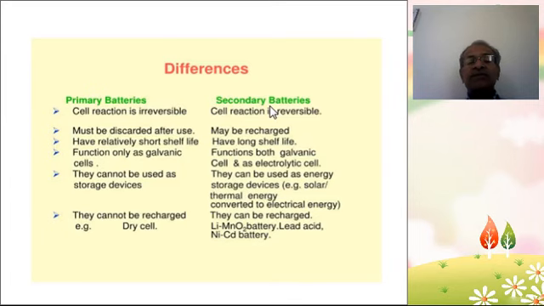Let us see the difference between the primary batteries and the secondary batteries. Already we have studied what exactly the primary battery is and the secondary batteries. In primary batteries the cell reaction is irreversible, whereas in secondary batteries the cell reaction is reversible.